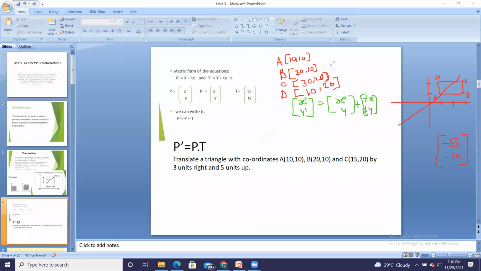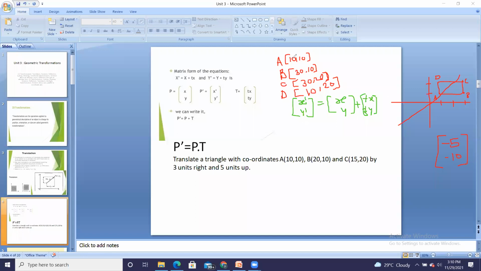So what is the resultant? I will denote it with green now. So what will be the A point? Can you tell me the A coordinate after performing the addition with this?